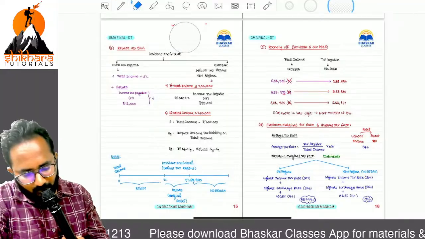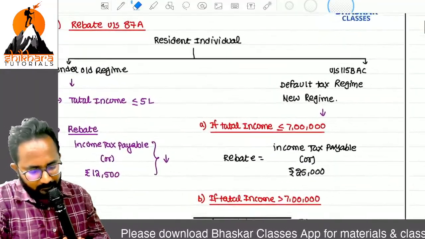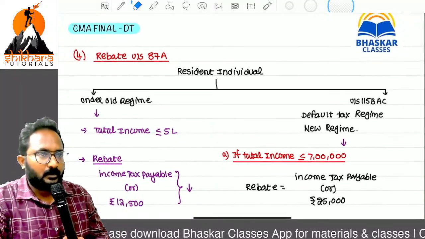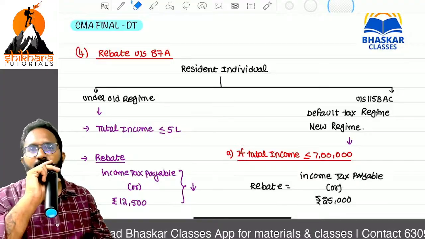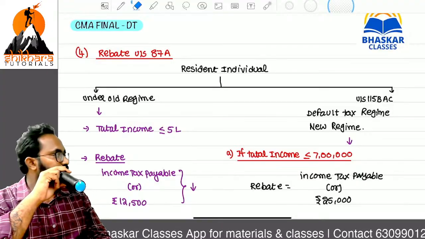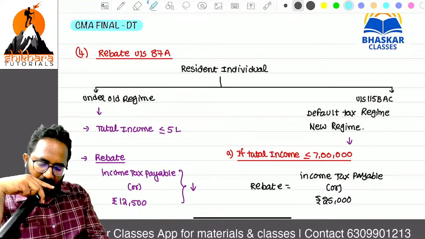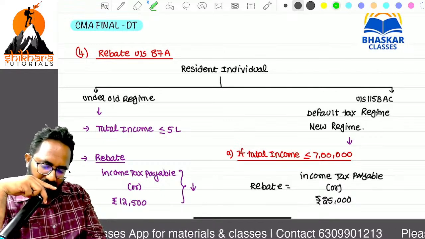Now, important concept. Now we have to start with the rebate. So now we can do some problems also by using this rebate concept. Rebate under section 87A.